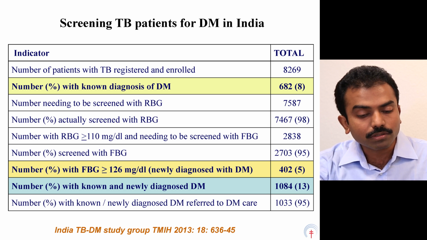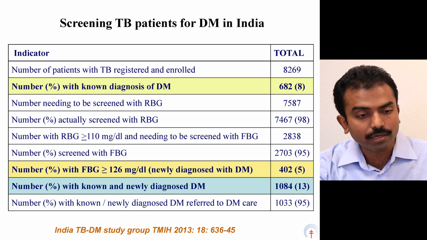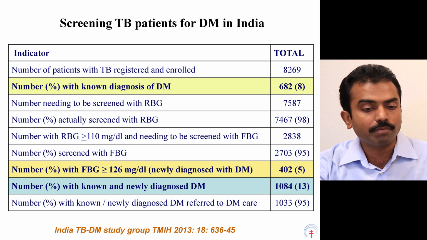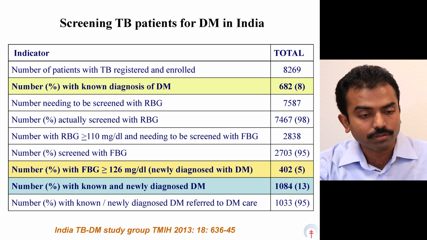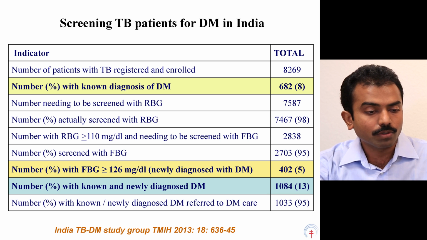We had about 8,000 plus tuberculosis patients totally registered and enrolled during the study period. And of them, about 8% already had a diagnosis of diabetes mellitus and they were already on treatment. So among the rest who needed to be screened with random blood glucose, about 98% actually got screened with random blood glucose.